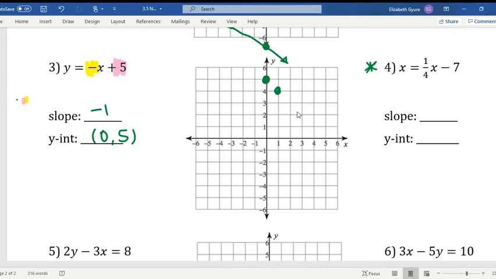It'll fit. Down and right again. You could do that as many times as you wanted to. So then we're going to connect that with our line. And there it is. Sometimes those throw people off, but just go down and to the right or up and to the left, or if it's positive, up and to the right.